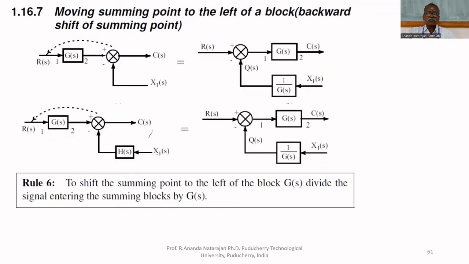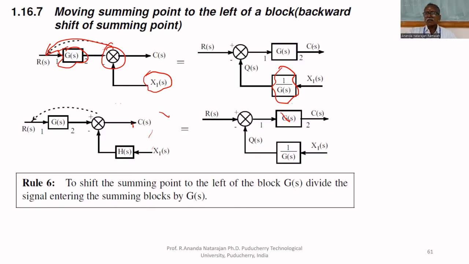The 6th rule is the opposite way. Moving the summing block backward. If you do the backward shift, this signal is not multiplied by G of S, but if you shift here, it will be multiplied by G of S. To compensate that, here X1 is not amplified because it is added after the block.